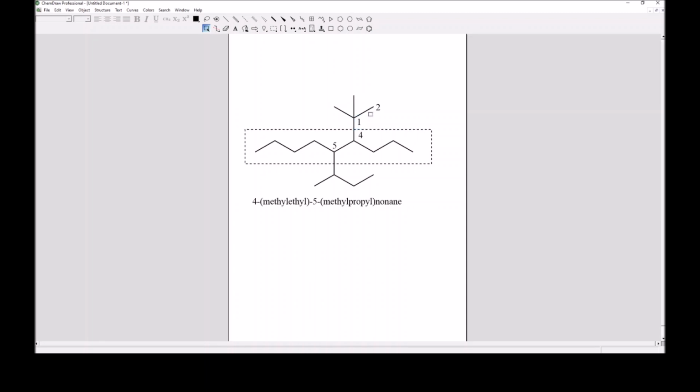And now I've accounted for the longest continuous chunk of carbons that extend directly out from the parent chain, and it's still an ethyl group. So I have an ethyl group at the 4 position, and I have this methyl-propyl group still at the 5 position. Coming off of this ethyl group at the 1 position is a methyl and then another methyl.